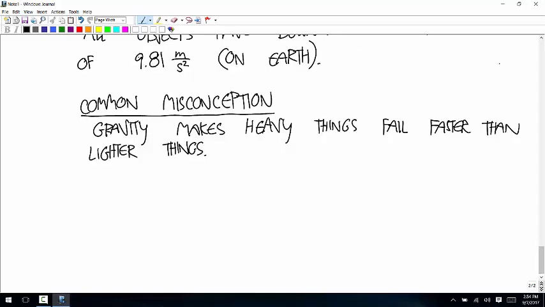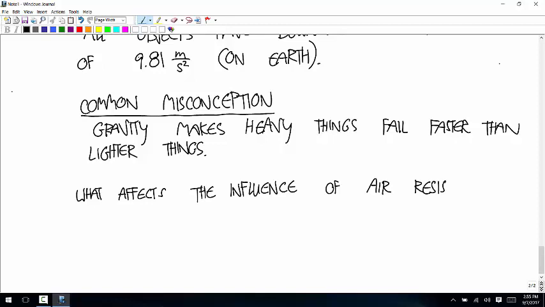Okay, so what affects the influence of air resistance on an object's motion?